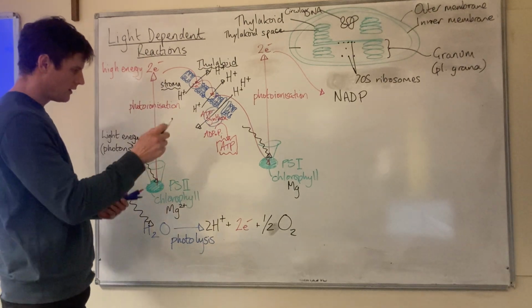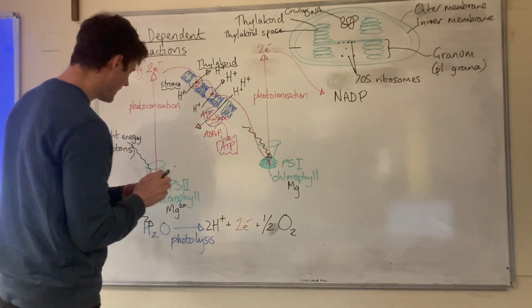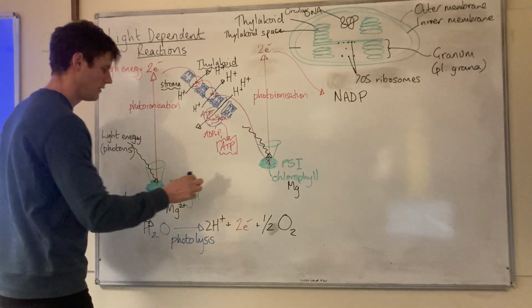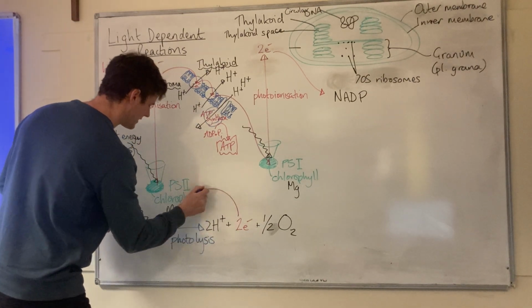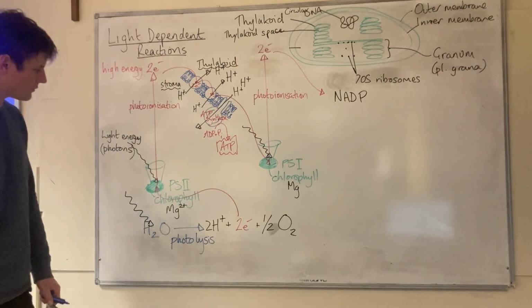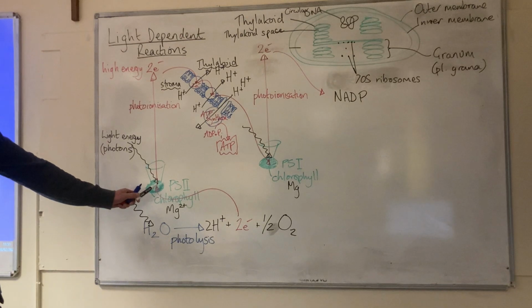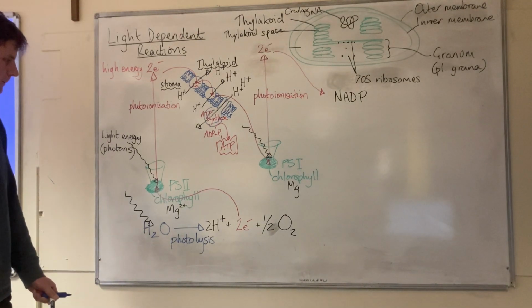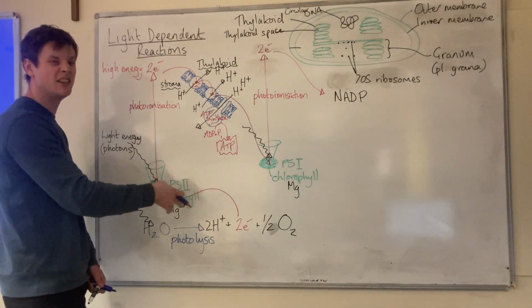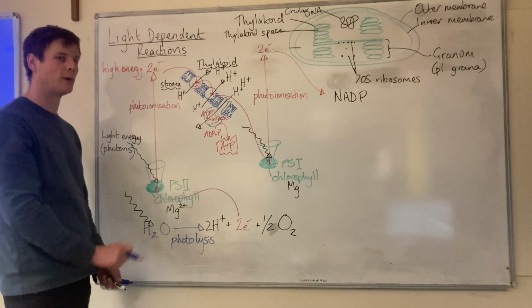Now, the electrons, we'll start with those. These electrons replace the electrons lost from photosystem 2, from the chlorophyll present in photosystem 2. Okay, so those electrons are replacing those. Then eventually, those electrons will be photoionized again.